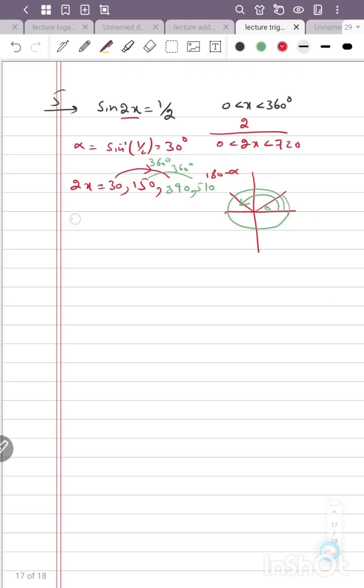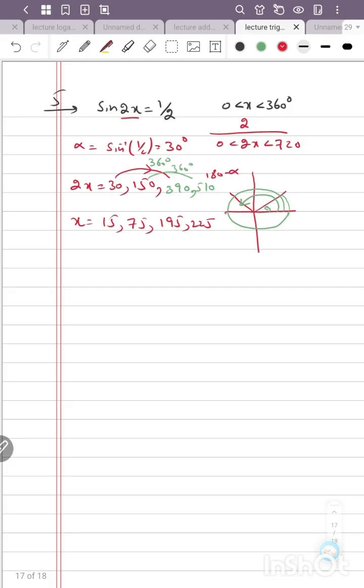Now we find x. 30 divided by 2 gives 15. 150 divided by 2 gives 75. 390 gives 195, and 510 gives 225. Okay, we have completed this question.